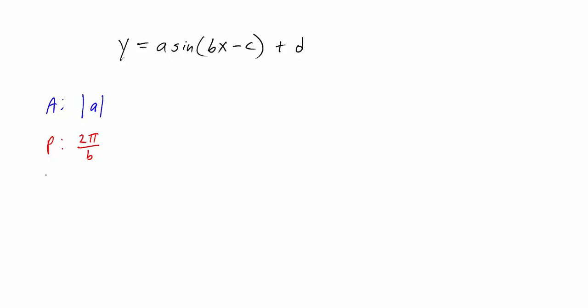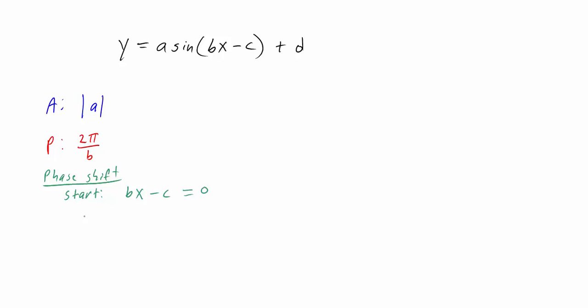And if we look at the phase shift, sometimes I refer to this as a starting point, and I'll explain what I mean by that. We take the bx minus c and set that equal to 0. And when I say this is a starting point, it's a starting point to represent one period.